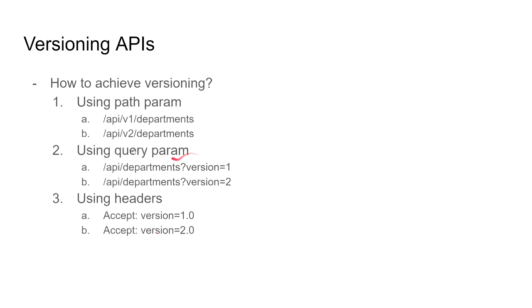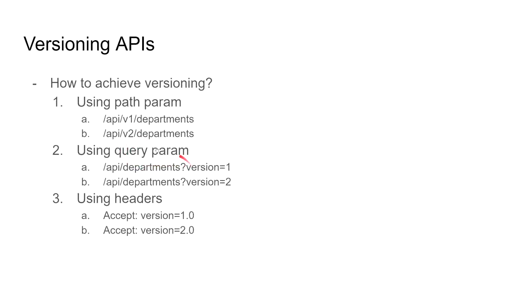And here are some of the ways you can achieve this. The first way you already saw in all the previous examples: we were having v1 as a prefix, like API v1. So v1 shows that it's version 1, and then you can have version 2 with updated logic over here, right?